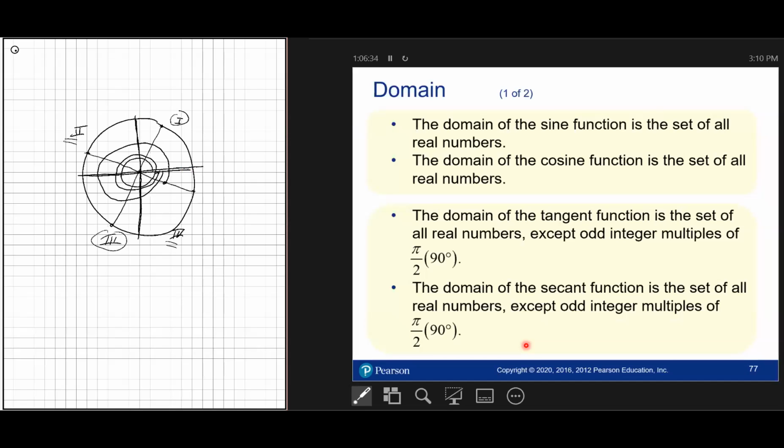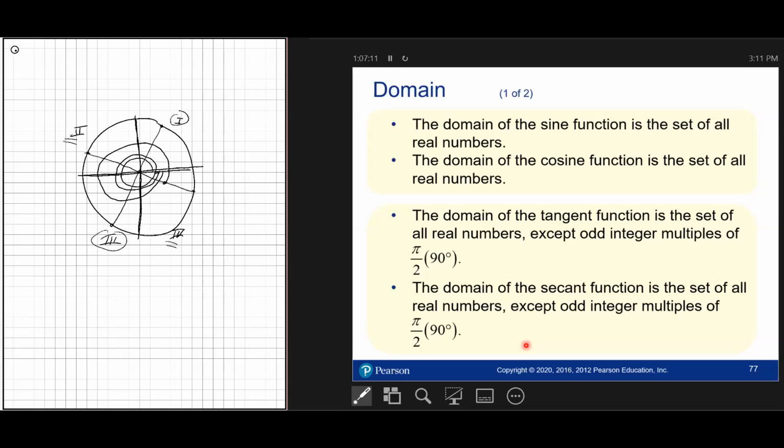When you wind up on the Y-axis, sometimes that means the X value is 0. So the odd multiples of pi over 2 or 90 are excluded. So it's all real numbers except for the odd multiples of pi over 2 or the odd multiples of 90. So that's 1 times, 3 times, 5 times, 7 times, and the negative as well that you're going to exclude from the domain.